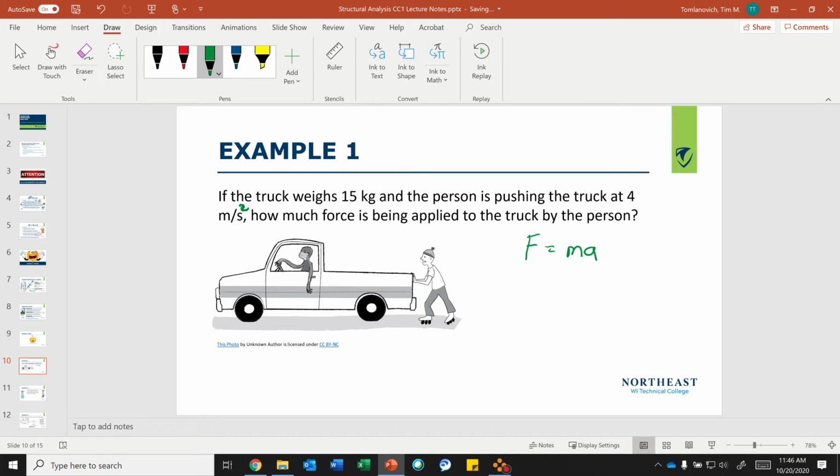So this should be meters per second squared. Our force equals 15 kilograms times 4 meters per second squared, and that will equal a newton.